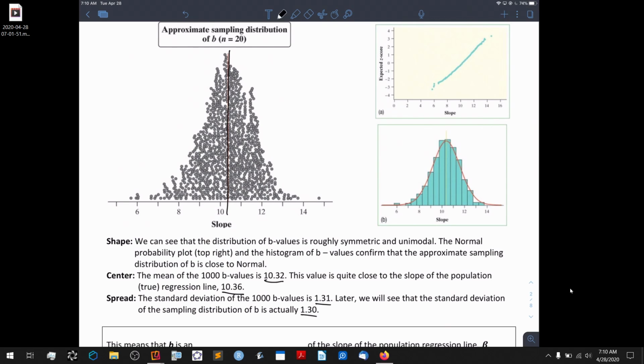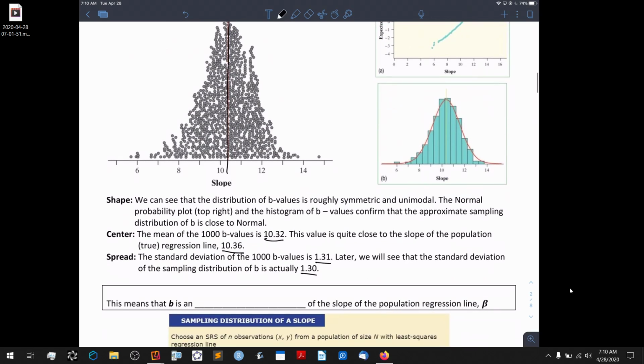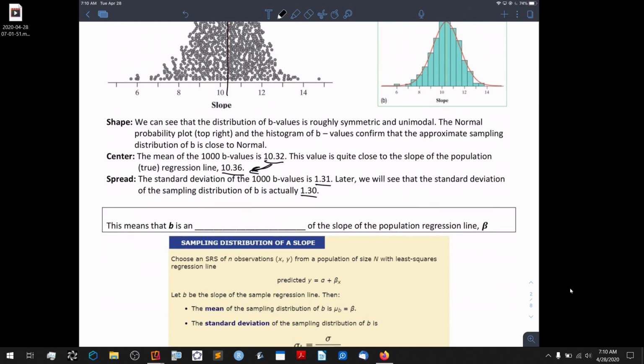In chapter 7, we said that if the mean, or the center, of the sampling distribution of a sample statistic is equal to the parameter, which this approximately is because it's an approximate sampling distribution, then we can say that the sample slope b is an unbiased estimator of the slope of the population regression line, beta.